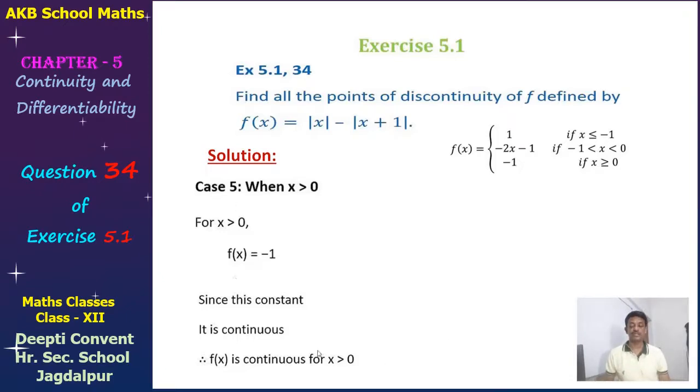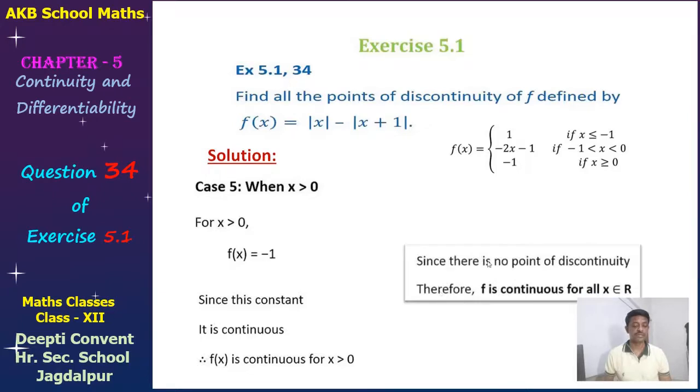So in this case also the function is continuous, all over continuous. Since there is no point of discontinuity, the function is continuous for all x belonging to R. We saw it is continuous in every case, no point of discontinuity. Okay, this was the solution of question 34 of exercise 5.1.